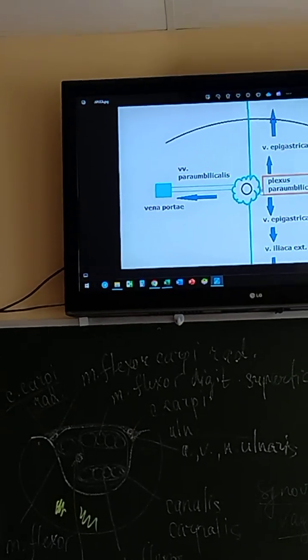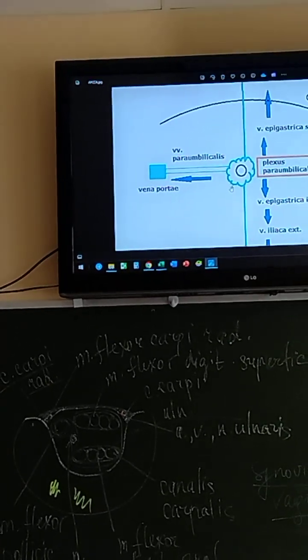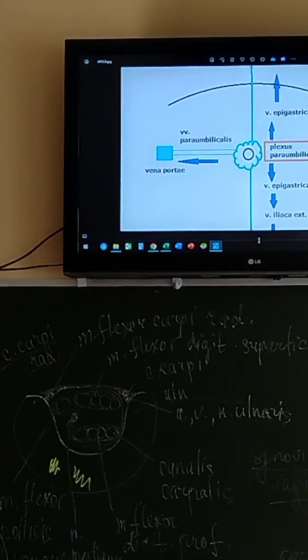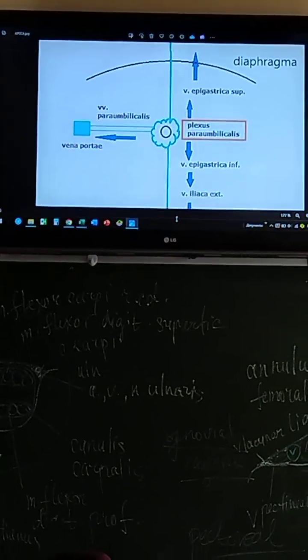The paraumbilical plexus is formed by very thin veins, and blood passes through the superior and inferior epigastric to the superior and inferior caval.